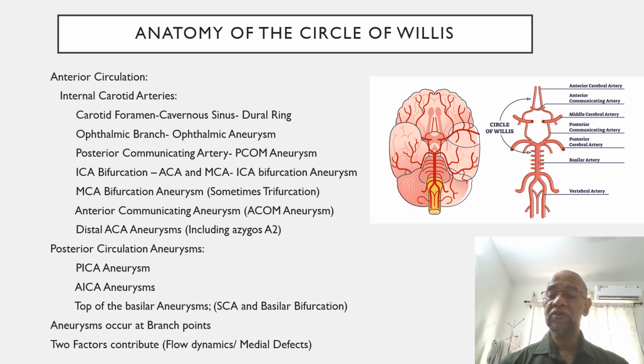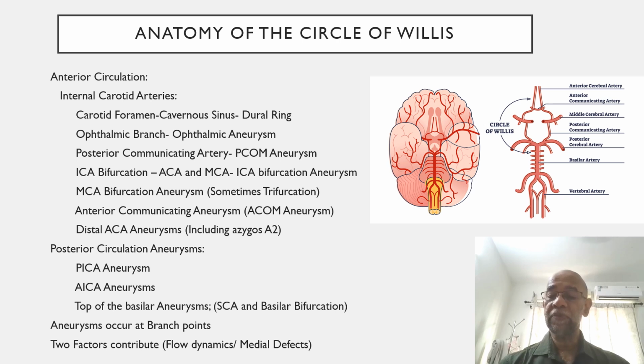The next prominent branch is the posterior communicating artery. The posterior communicating artery connects the ICA with the PCA, part of the circle of Willis. So at the origin of the PCOM, you have PCOM aneurysms.